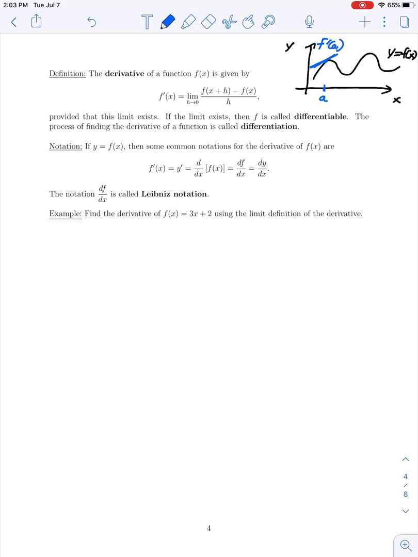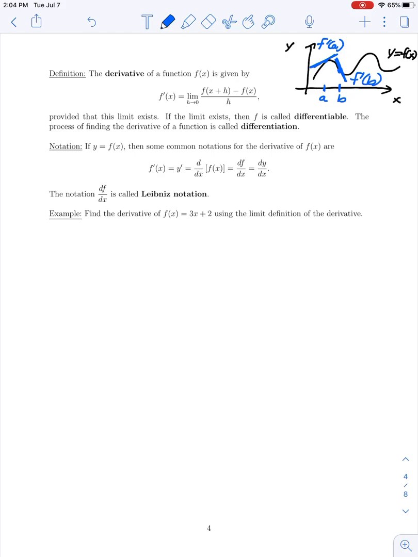Now, if we choose a different value of x, let's call it another value, say b, the point on our curve here would have a tangent line whose slope is something like this. It's a different slope. We would have f prime of b as a different value.